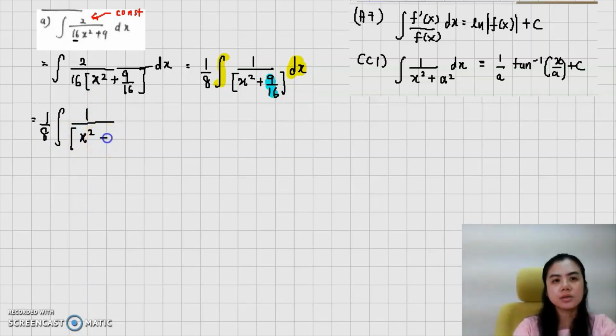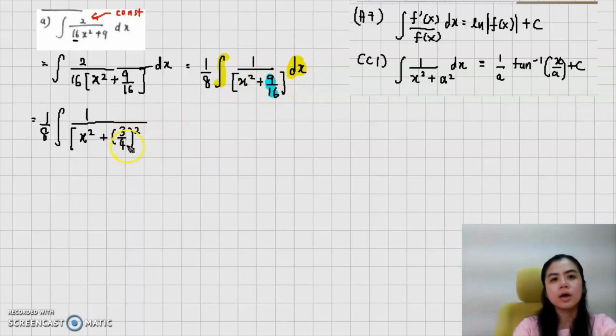The 9 over 16, what you can think of is that it is actually equal to 3 over 4 squared. You square it back, so you will still get back 9 over 16.